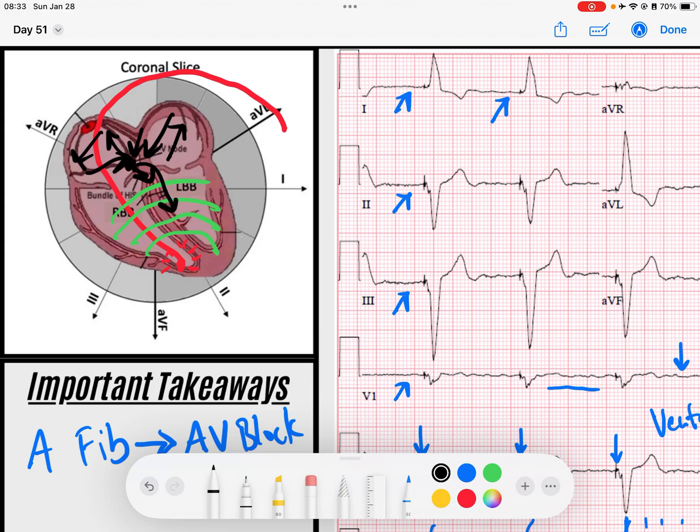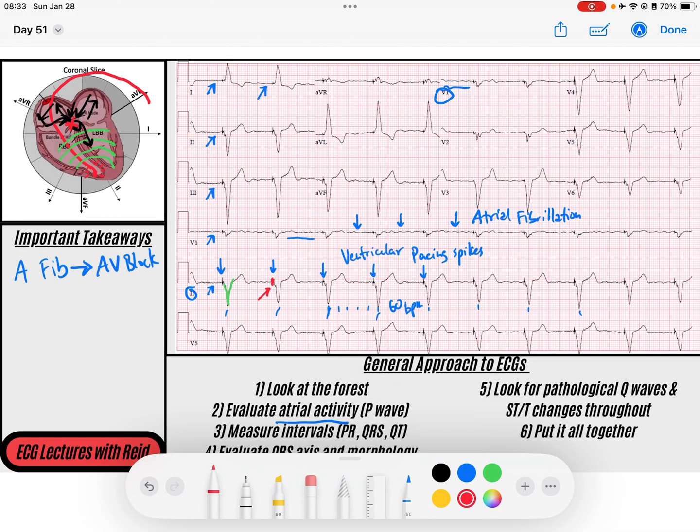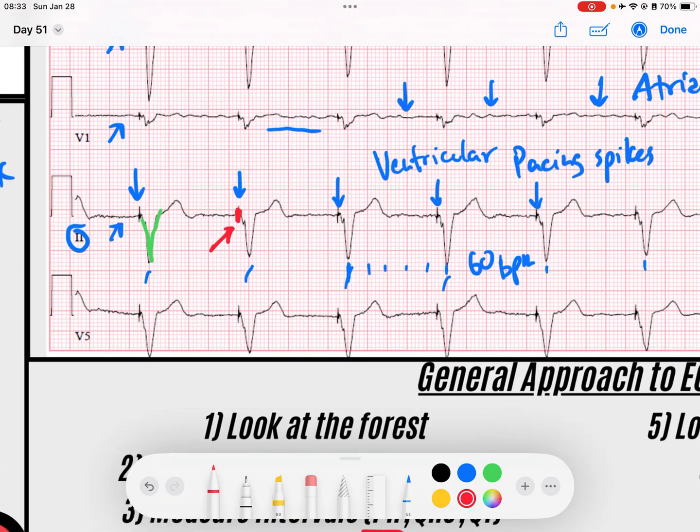And then they keep fibrillating around, and then it'll bump in again, and it'll send it down into the ventricles. But in this case, this person has an AV node that appears to not work because none of those fibrillatory waves are making it down. We know they're not making it down because these QRSs are only coming from the paced beats. So because of that, we are unable to measure our PR interval. Our QRS duration, let's take a look at it. We said it was wide.